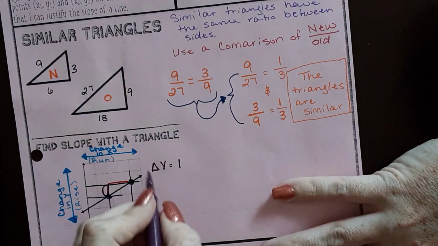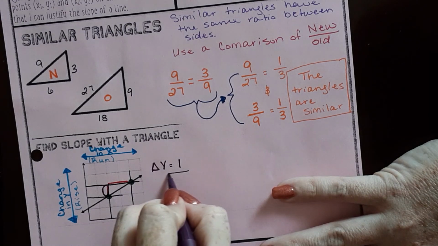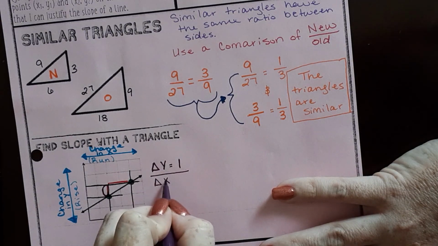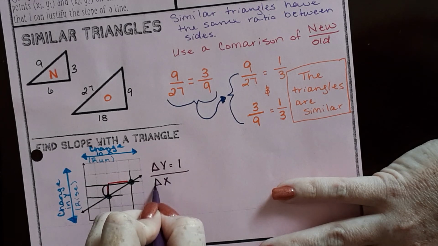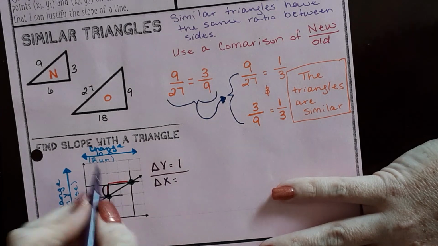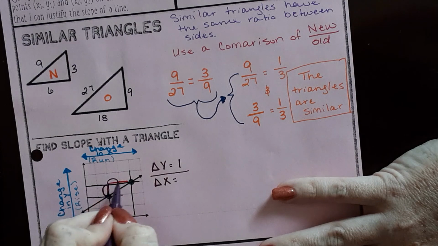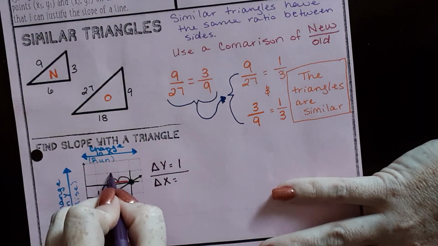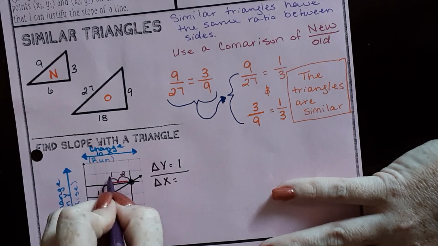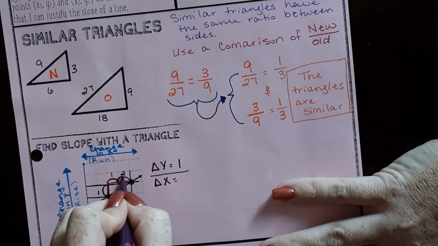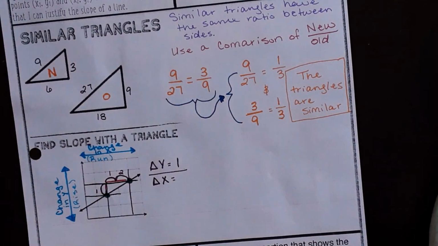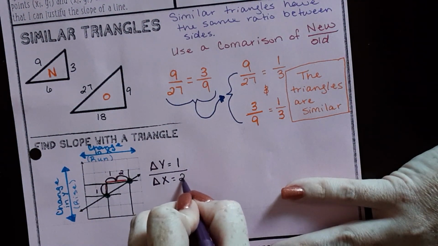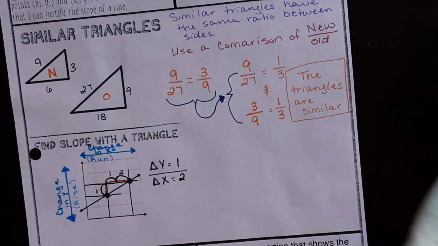And then we're going to count how many horizontal movements we have, or our change in X. We have 1, 2 horizontal movements. So our change in X is a change of 2.